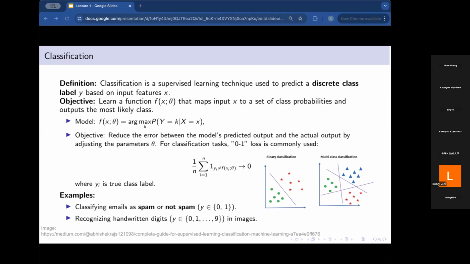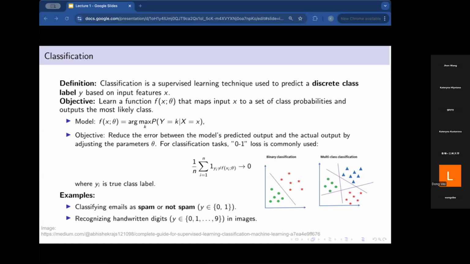The model estimates the probability of different classes based on input features and selects the most likely one. The objective here is to learn a function f(x, theta) that maps the input x to a set of class probabilities and outputs the most likely class.